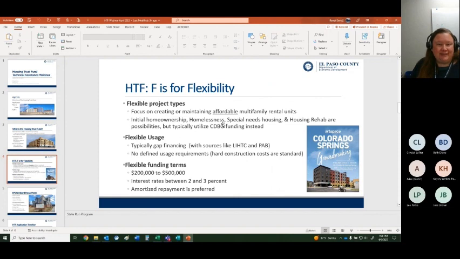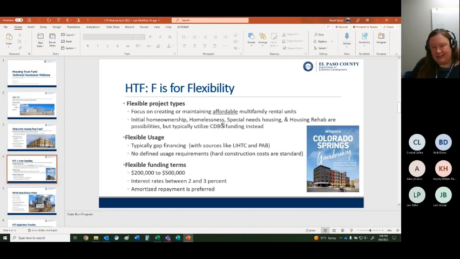Housing Trust Fund, we say the fund part, the F is for flexibility. So we do flexible project types. We can focus on creating and maintaining affordable multifamily rental units. That's what the Housing Authority is looking to do these days. Other options, though, are initial homeownership, homelessness, special needs, housing rehab, those kind of things.